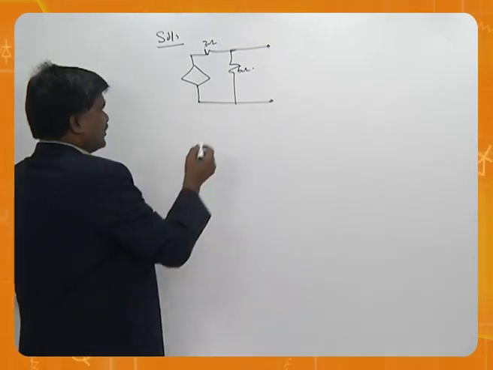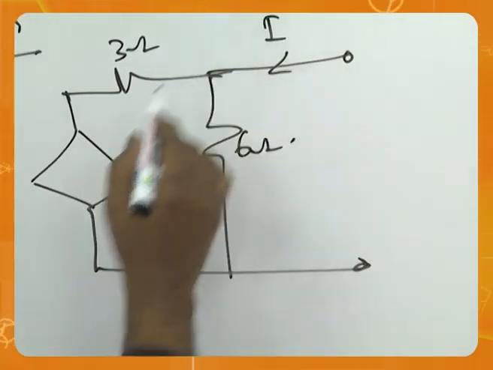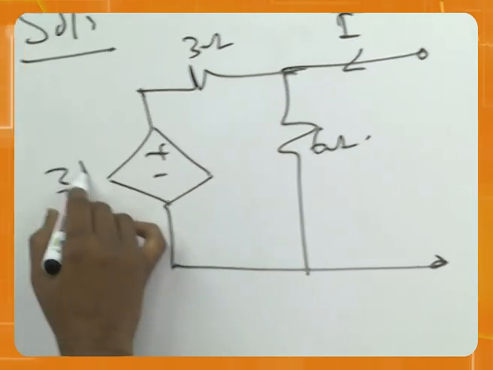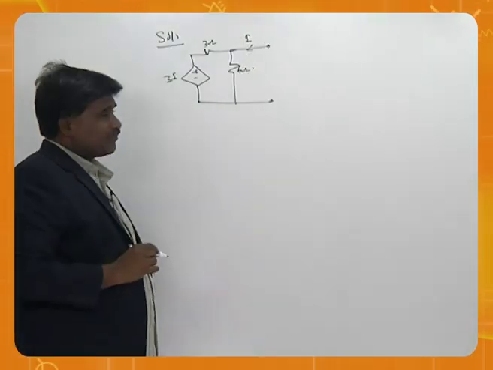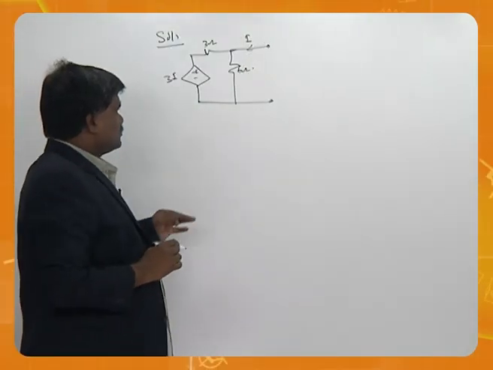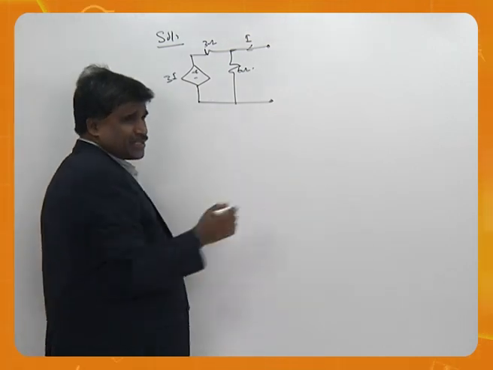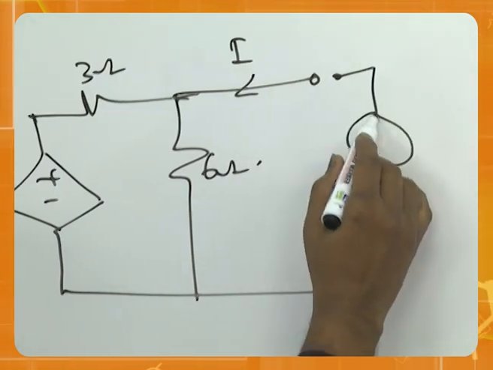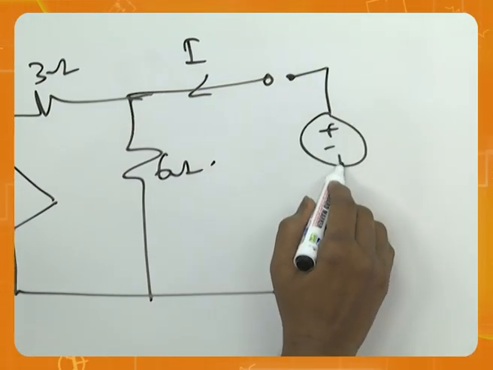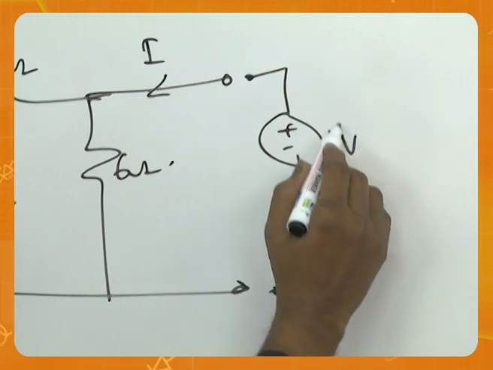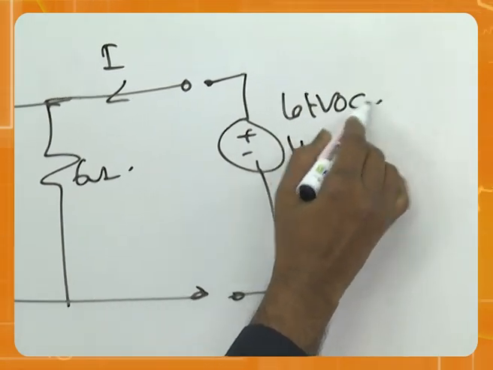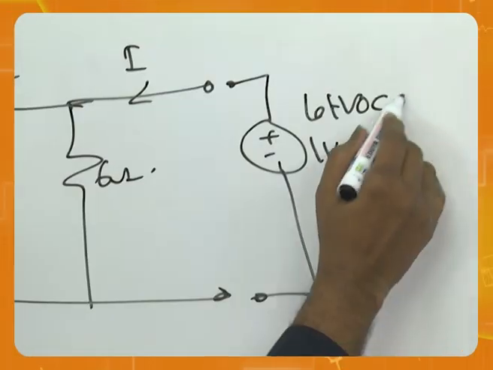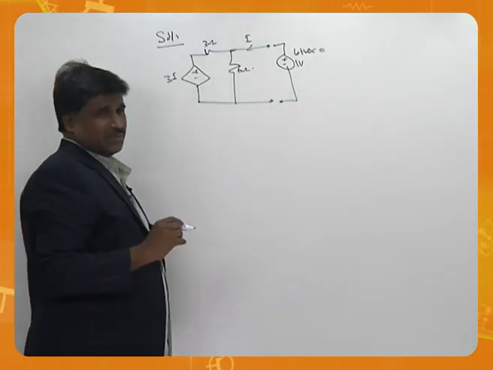This is current I, and the source is 3I. Now, what to do? As I mentioned in the beginning, please take 1 volt here. Let VOC be equal to 1 volt.